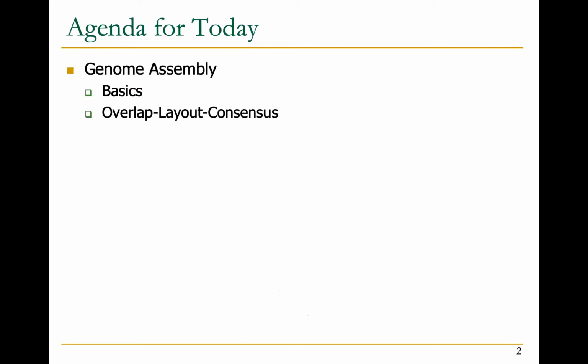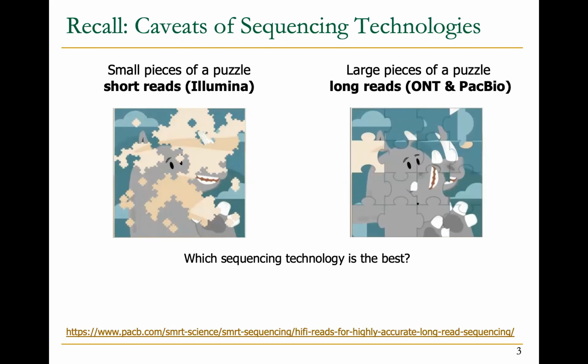The agenda for today is to cover the steps in genome assembly. We're going to start with the basics, and then I'll talk about a common approach for genome assembly called overlap layout consensus.